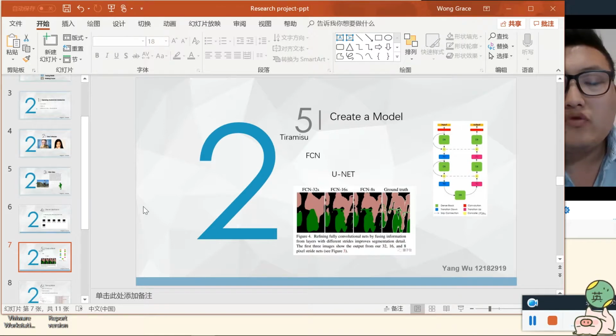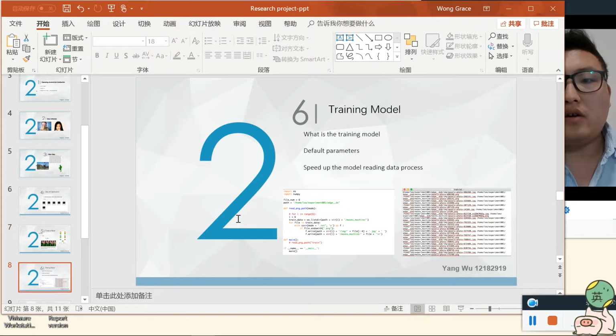After deeper research, we ruled out FCN. Then we did some tests comparing the two models, the Tiramisu model and UNet. Finally, the Tiramisu model performed better.